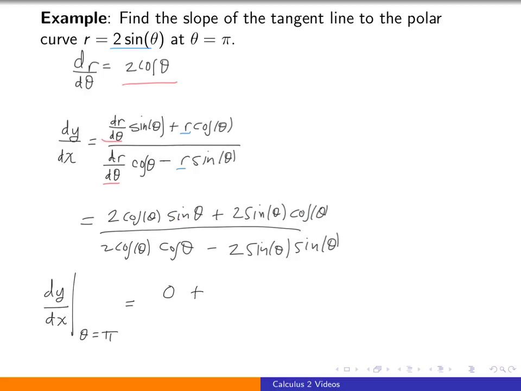So 0 plus 0 over something minus 0. And cosine of pi is -1, so 2 times minus 1 times minus 1 makes that first term in the bottom a minus 2. The only thing that matters in this case is that it's non-zero, because 0 over minus 2 is equal to 0. So it's a two-step process: find dr d theta and use that to get the formula for dy dx, then once you have the desired formula, plug in the value of theta which is given.